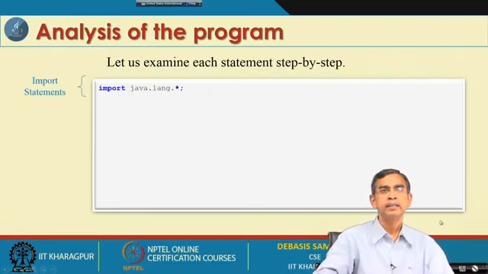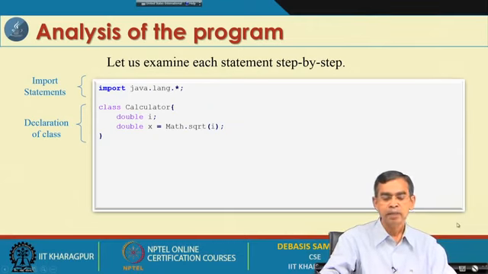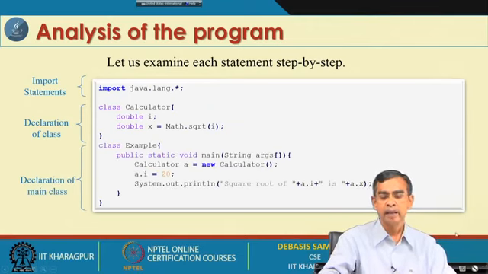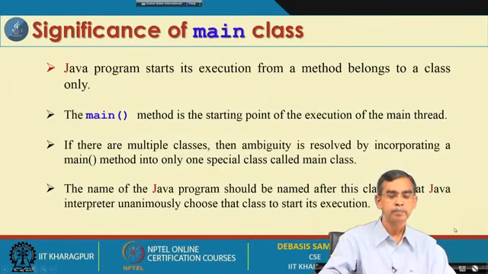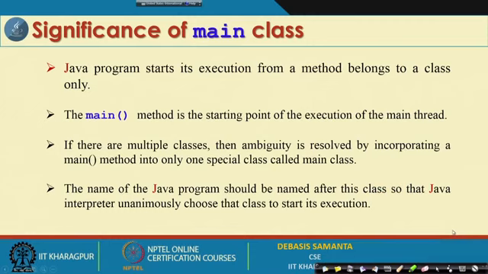Now, as I already told you, import is required because we want to use some class and some methods in it. So, we have to import java.lang here, and this is the main class which includes the main method. The main method is a very important concept in Java. There should be one class having the main method, and that is the main class.